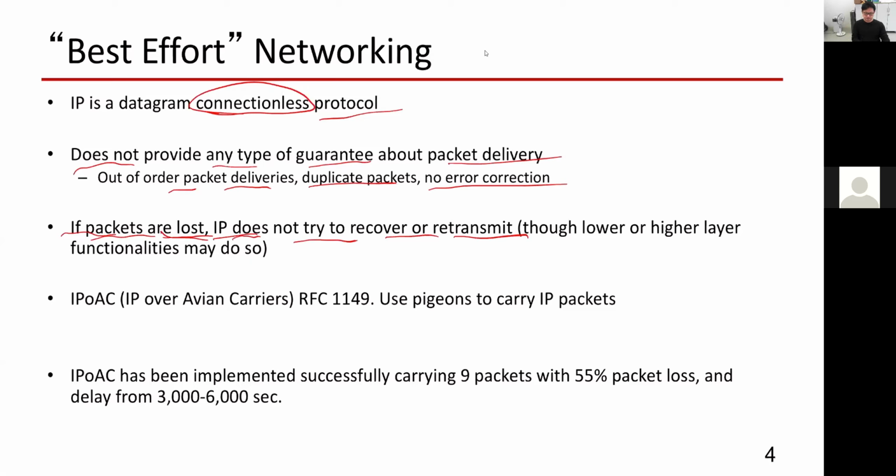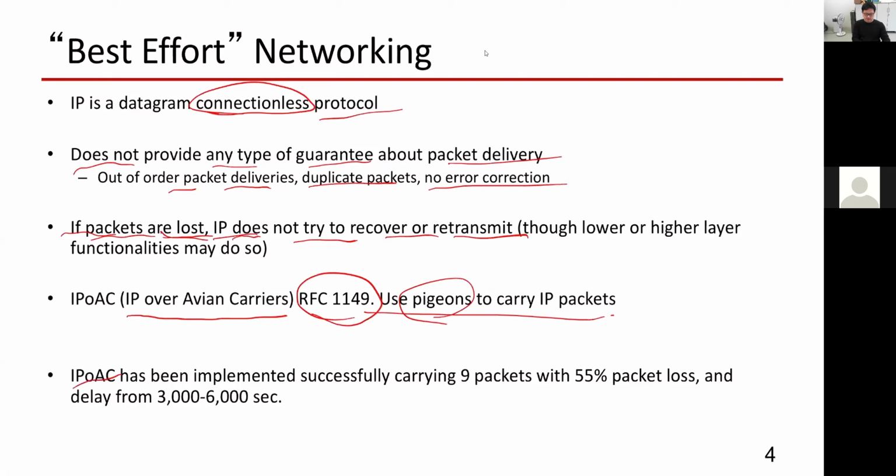For example, a long time ago, there was IP over avian carriers, meaning I'm using pigeons. Okay, so it also has a standard. How do you use the pigeon as a communication standard? A long time ago, we didn't have the internet, so we had to use it. Okay, so that's the standard. It also has the name RFC 1149.